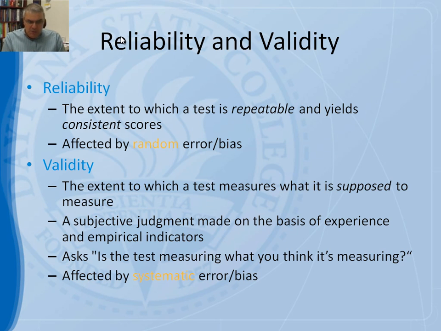Validity is a subjective judgment made on the basis of experience and empirical indicators. Whereas reliability is repeatable and should yield consistent scores. If not 100% consistent, the consistency would be within an acceptable range.